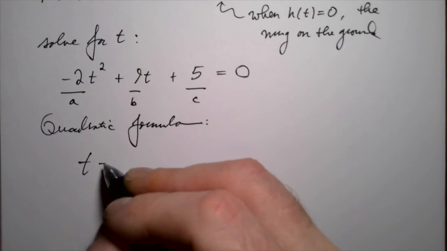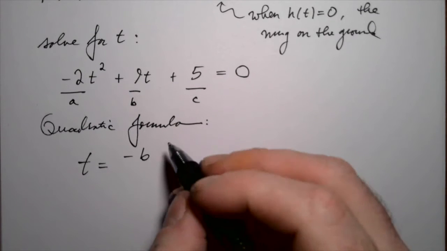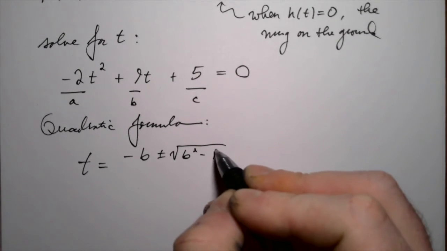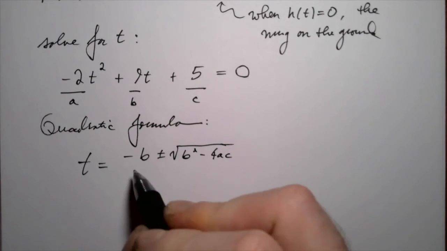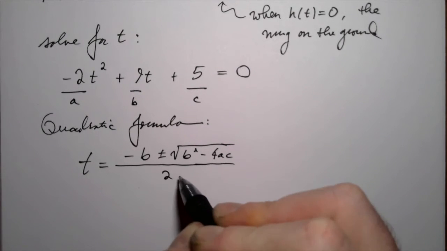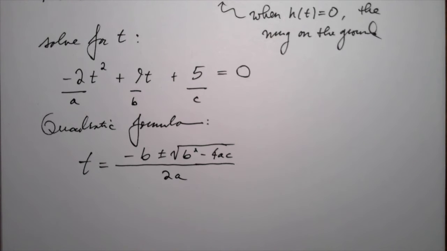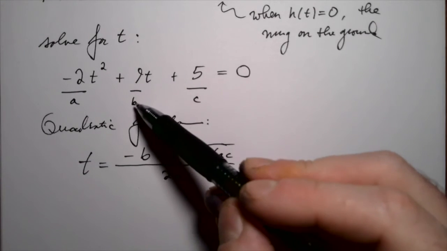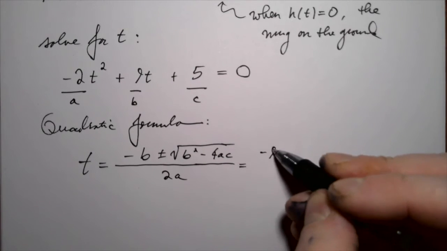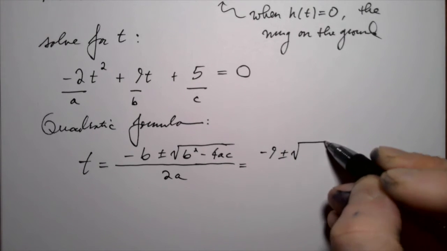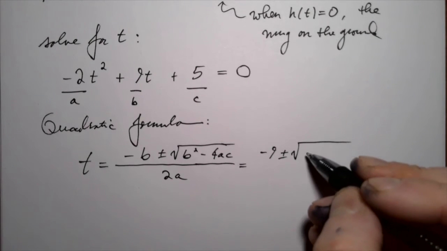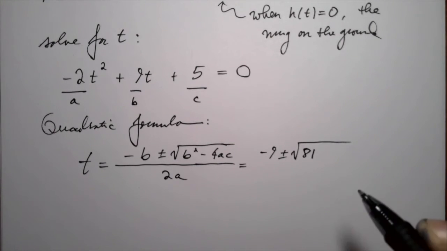So then let's apply the quadratic formula. It says that the solutions in general are given by minus b plus or minus the square root of b squared minus 4ac, all divided by 2a. That's the quadratic formula. What does it say in this instance? Well, b is 9 here, so I'm just going to start plugging in values into our formula. b squared, that would be 9 squared, that's 81.